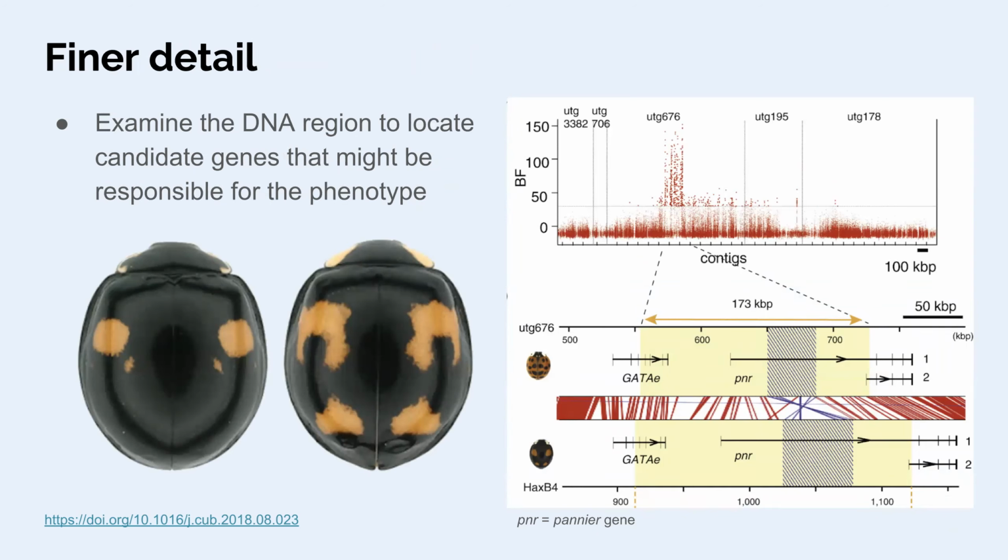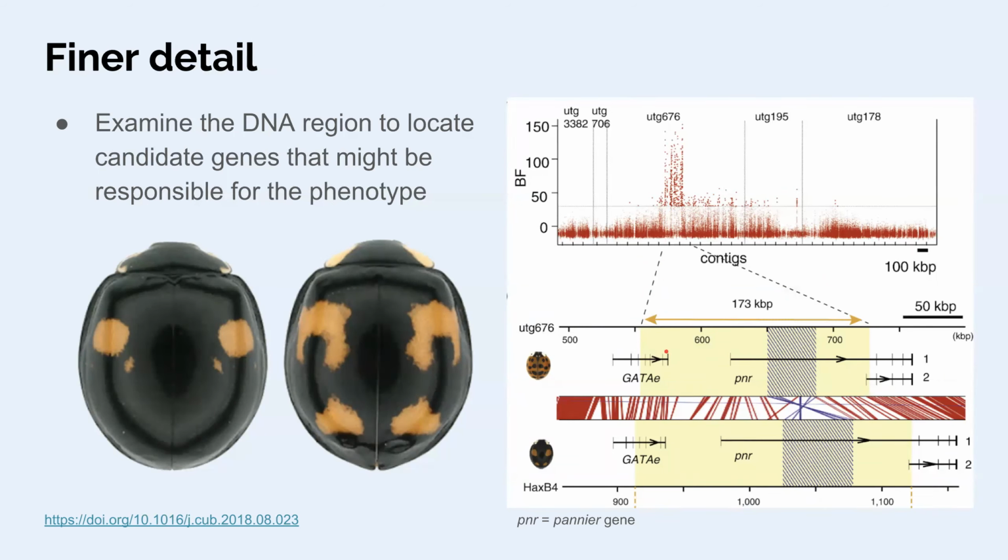It's still the same kind of plot, lots of dots on this graph, but investigating in more detail. And this region here has a big peak of dots showing lots of statistically significant signal of places in the genome that are different between these two kinds of beetle.